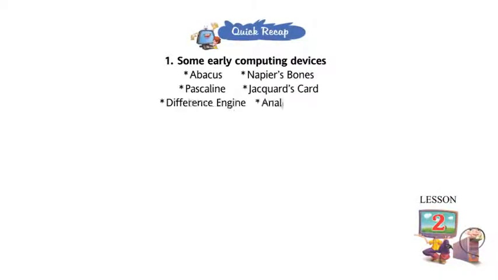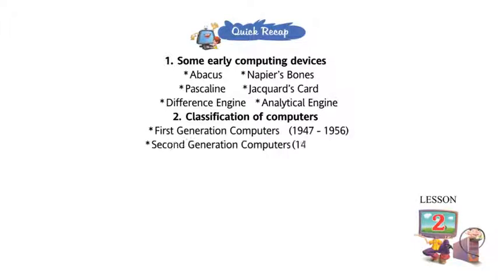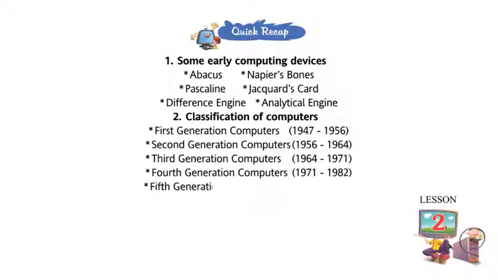Quick recap. 1. Some early computing devices: Abacus, Pascaline, difference engine, Napier's bones, Jacquard's card, analytical engine. 2. Classification of computers. First generation computers, 1947 to 1956.